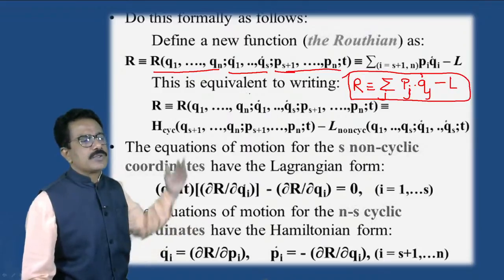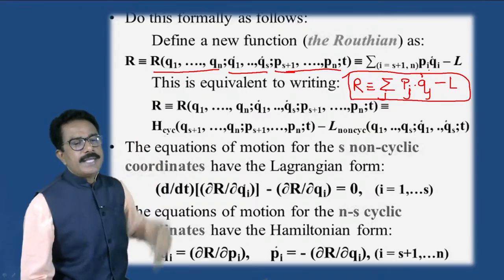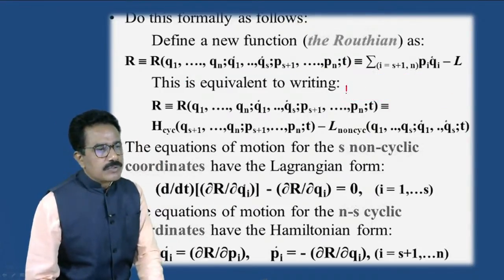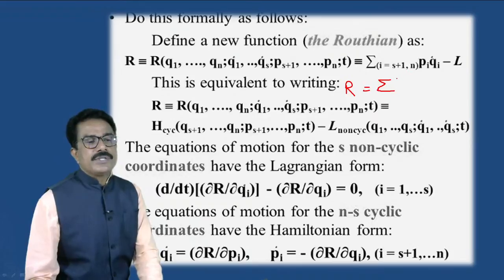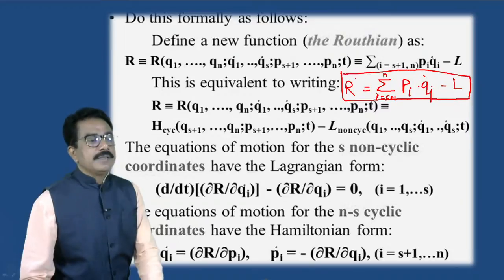So we can define the Routh function as R equals summation over i from s plus 1 to n of pi qi dot minus L. This is the Routh function.